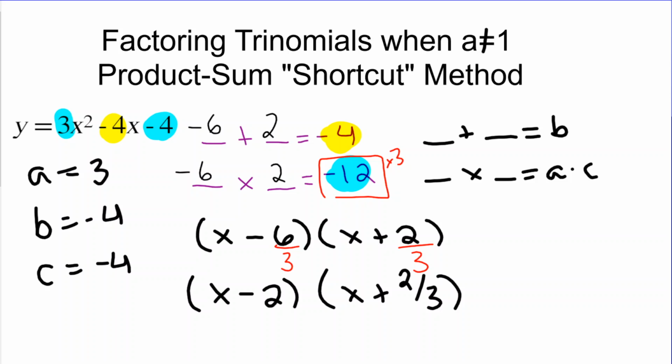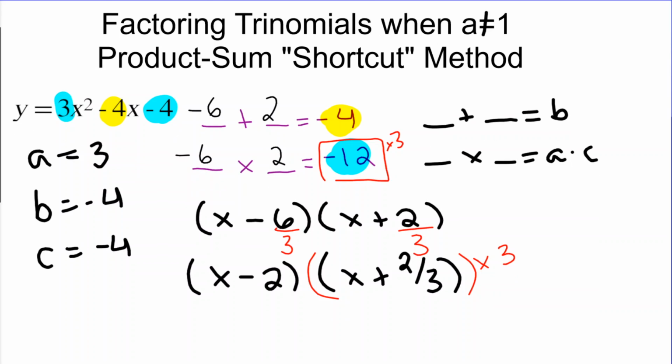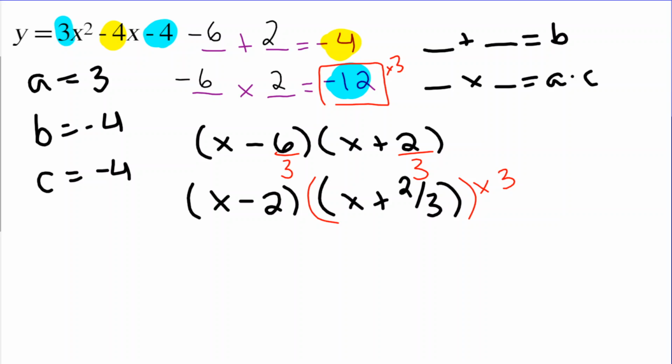I'm going to take just this second bracket, I'm going to leave the first one alone, and I'm going to multiply by 3 in the sense that I'm just making everything a little bit bigger, to move some things around. So I keep my x minus 2. I'm going to start with the second term first, just so we can see.